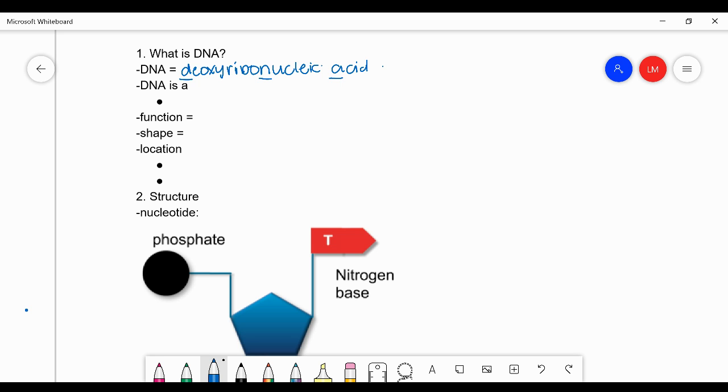DNA is a nucleic acid, which, remember, is one of our 4 categories of organic molecules. And this means it is made of nucleotides.